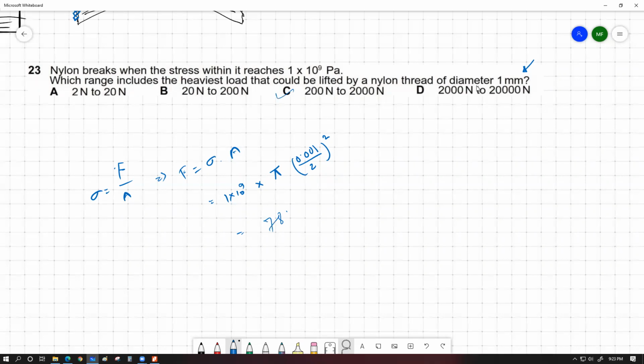So C is the correct response. And এখানে বলছে which range includes the heaviest load that could be lifted. So এই রেঞ্জের মধ্যে heaviest loadটা আছে। Now we cannot lift more than 785, but I mean this is the maximum load that can, but this is belonging to this region of load representation.